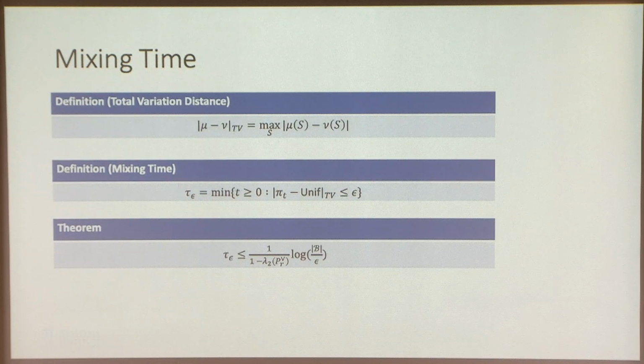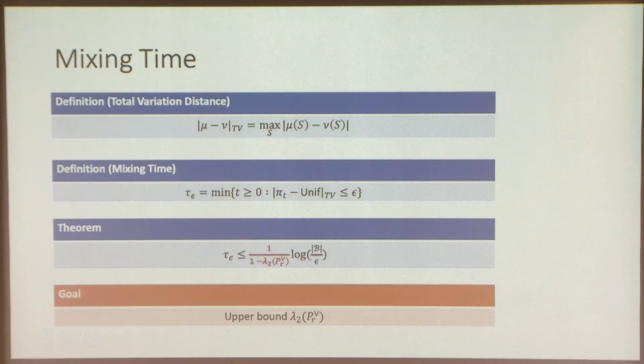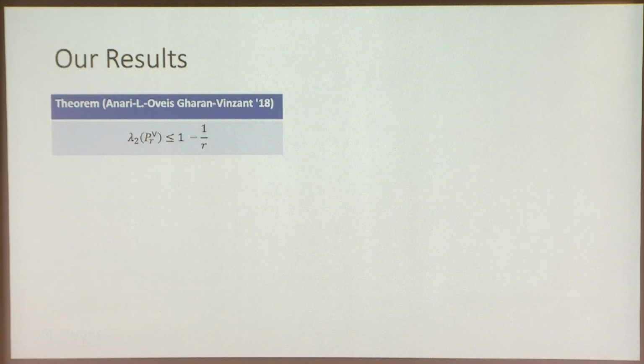Okay? So in this case, this logarithmic factor is okay because the number of bases is at most n to the power r. So the main thing we have to do is upper bound this inverse spectral gap, or in other words, bound the second largest eigenvalue of the transition probability matrix away from 1. Okay. And this is exactly what we'll do.